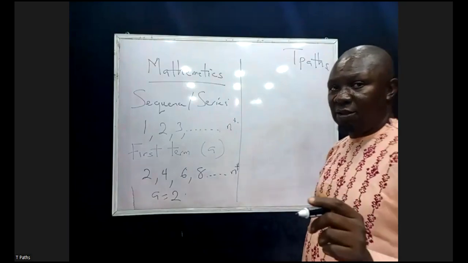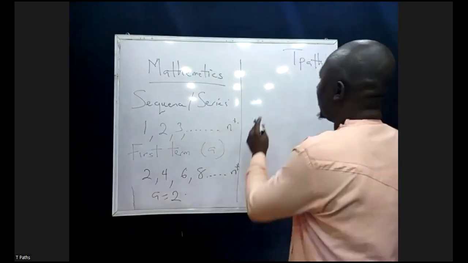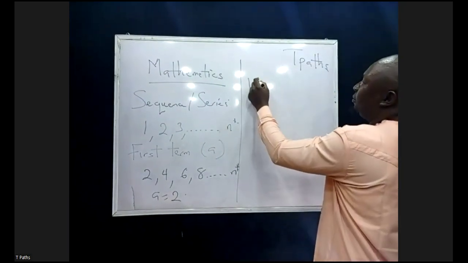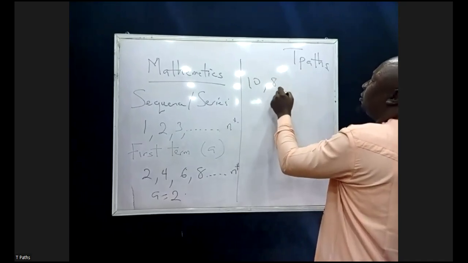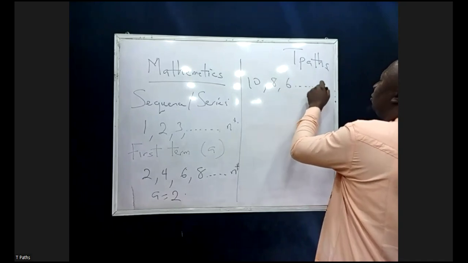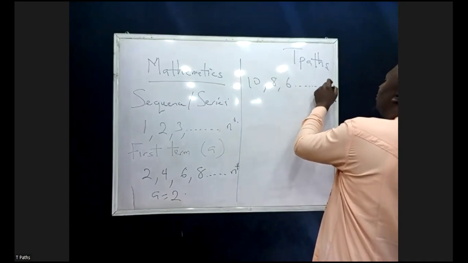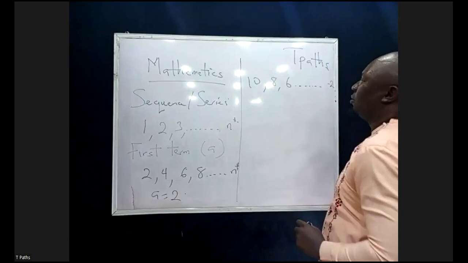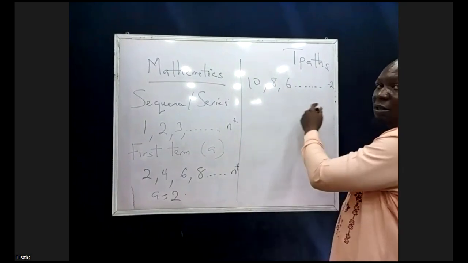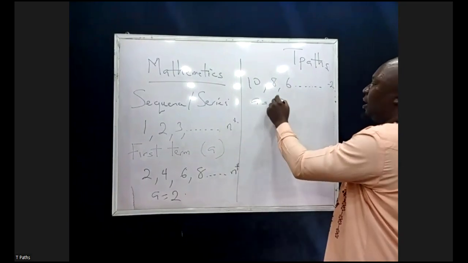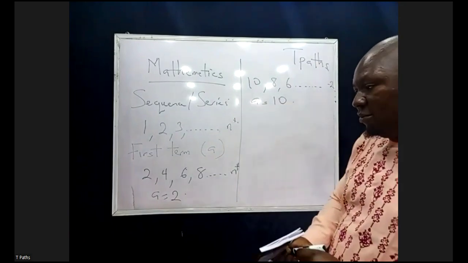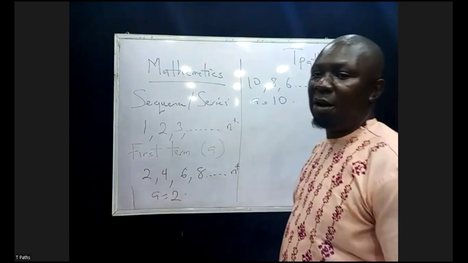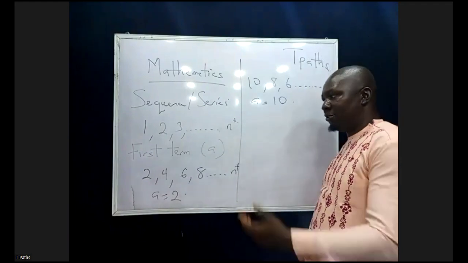It's not the smallest. It's the first number. If you have something like 10, 8, 6, 2, minus 2, the first term of this series is 10. Please take notes. Some students always believe the first term is always lesser than the other terms.